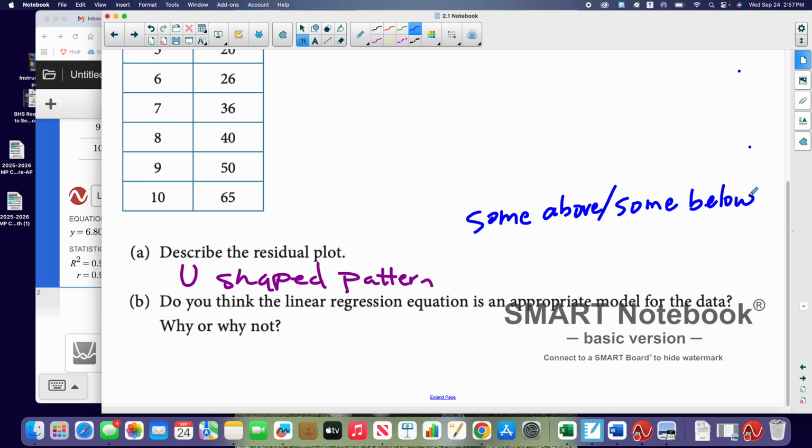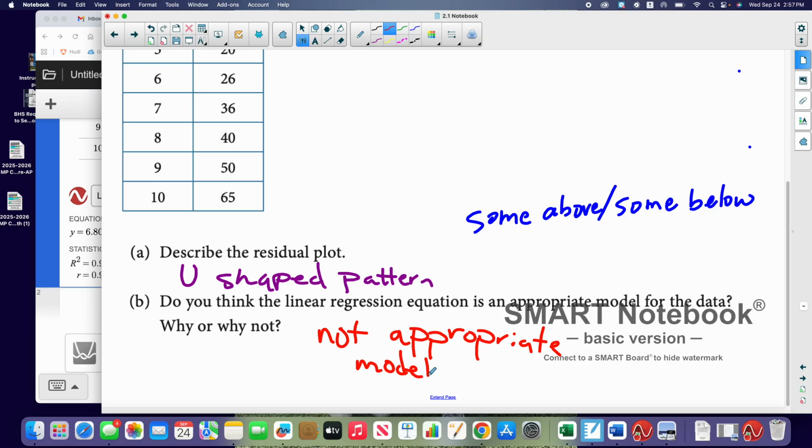It's got a true pattern to this. So this is not an appropriate model here. The equation that we wrote down above, the 6.81x minus 11.1, that's not an appropriate model. Everybody okay with that? It's making a pattern.